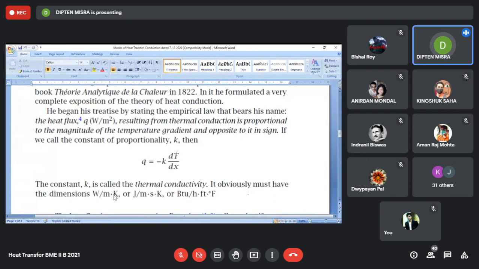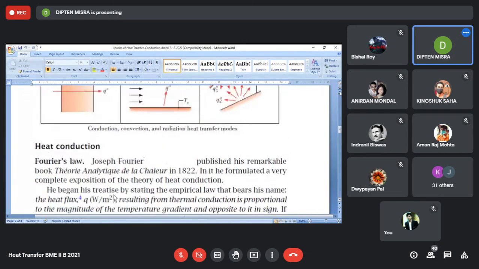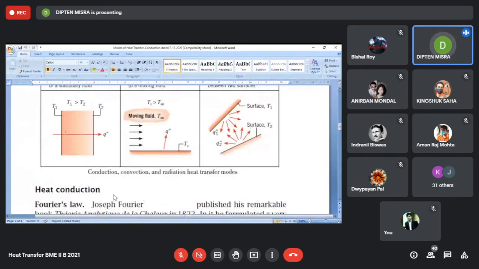Another thing that I would like to tell is that in this situation, it is assumed that the heat is flowing only along the x direction. What is the x direction? If we think of this direction as the x direction, here we are assuming the heat is flowing only along the x direction.